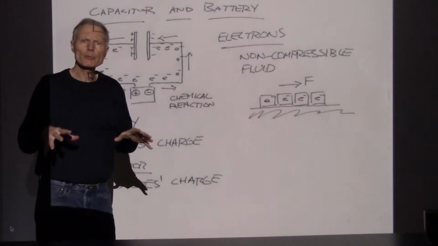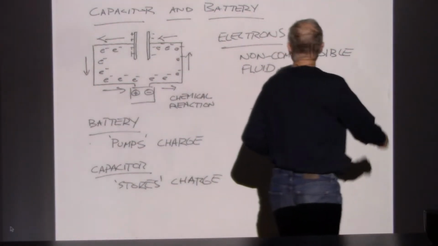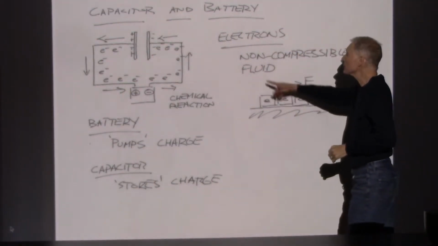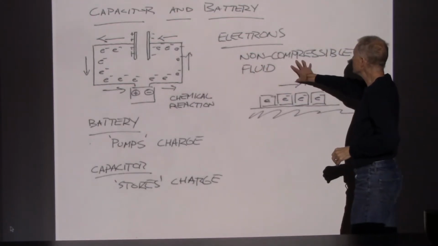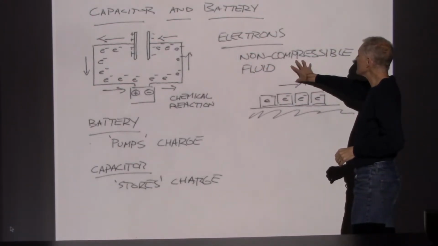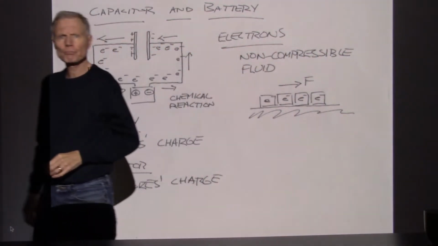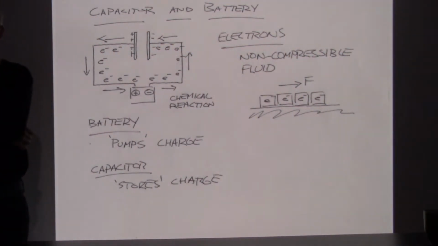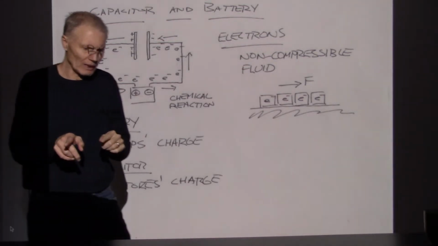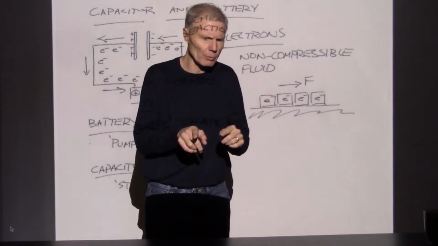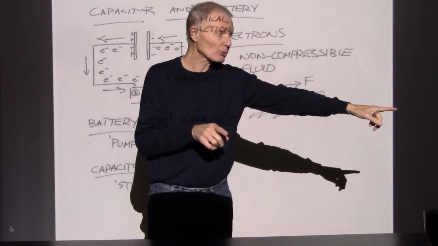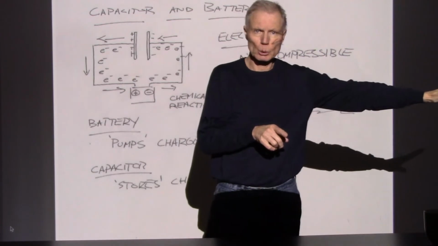Now, a very useful analogy for the motion of electrons inside a circuit is to treat the electrons as if they are a non-compressible fluid. So electrons repel each other, and that means if one electron moves a little bit in this direction, all the other electrons in this direction get pushed.